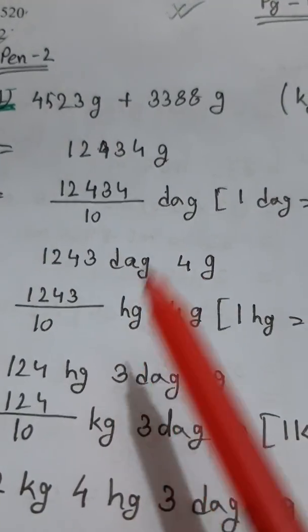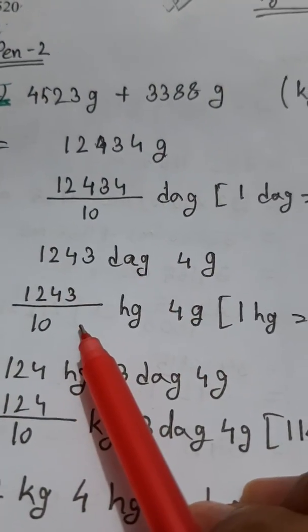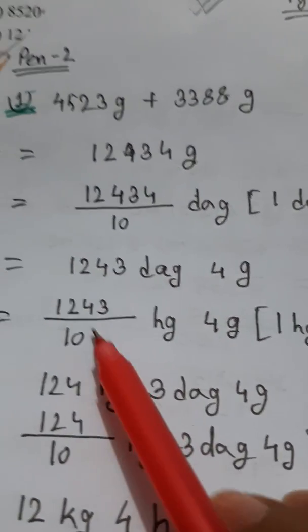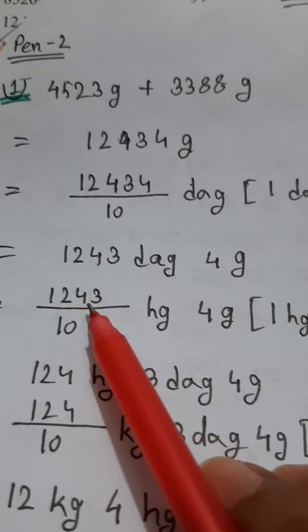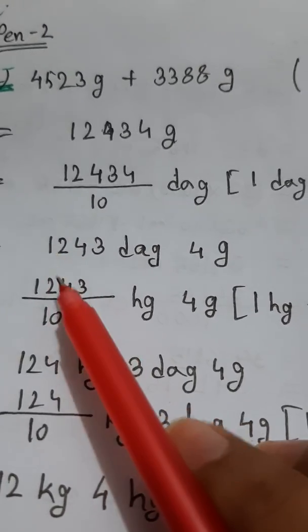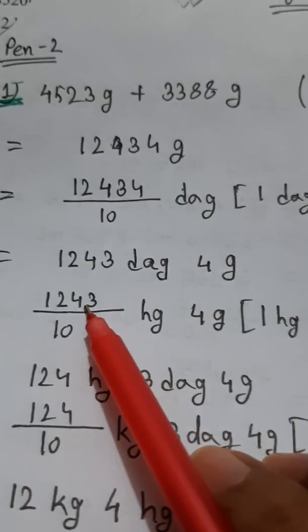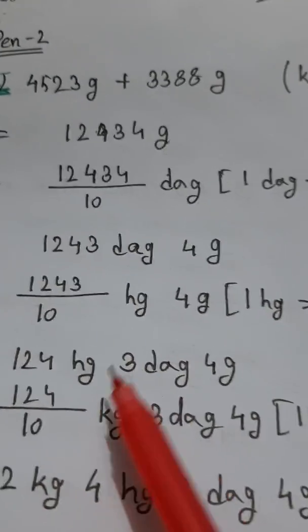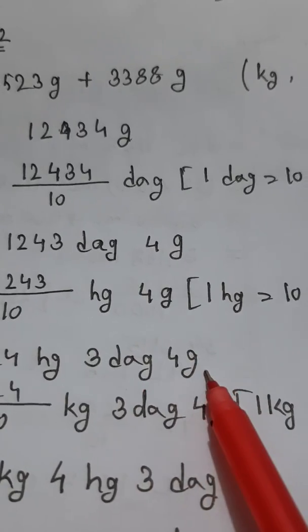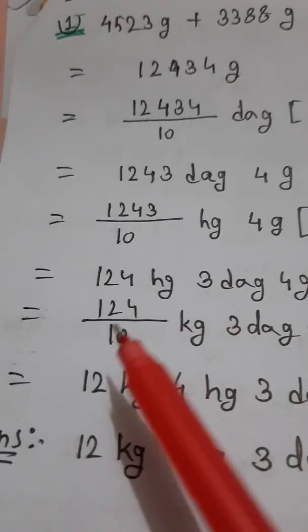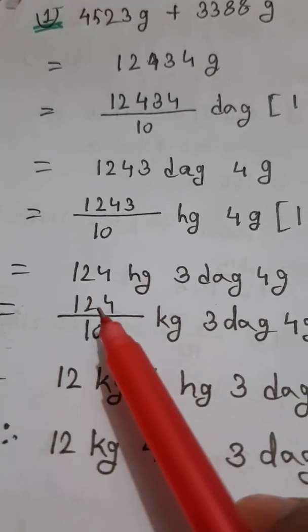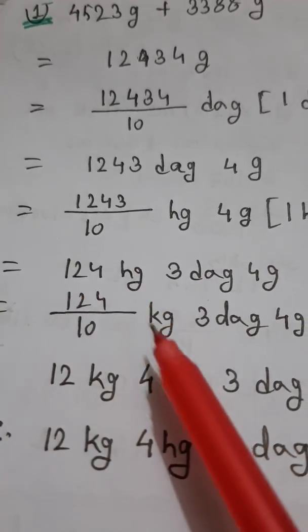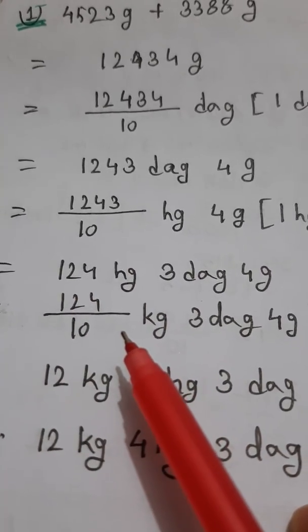Again we express decagram to hectogram. So we divide by 10. 124 hectogram, 3 decagram, 4 gram. Then we express 124 hectogram to kg.